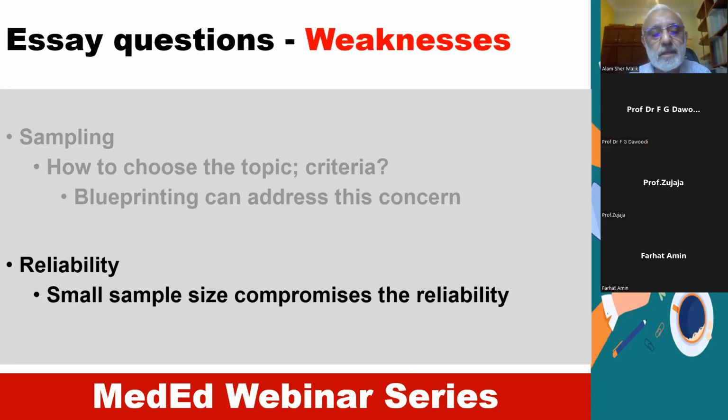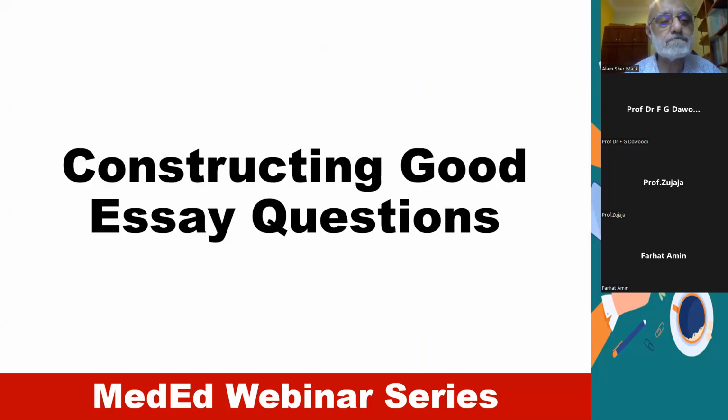For example, in year 5 where you have 5 or 6 postings, and you are using essay questions at the end of each posting examination, by the time the students appear in their professional examination, they have already had 6 or 7 examinations based on essay questions. And if marks of those essay questions are used as a continuous assessment, then the sample may not be small, and that can increase the reliability of this method of assessment.